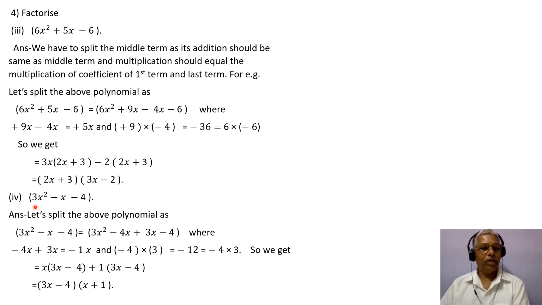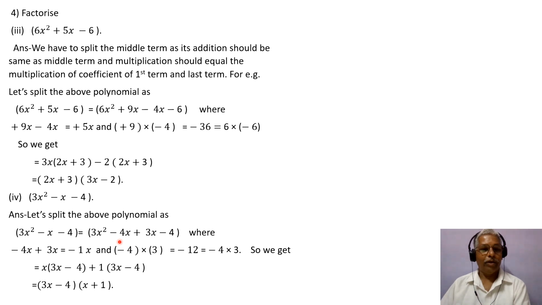And fourth one, 3x square minus x minus 4. Okay, now let us split the polynomial. Okay, 3x square minus x minus 4 is written as 3x square minus 4x plus 3x minus 4.